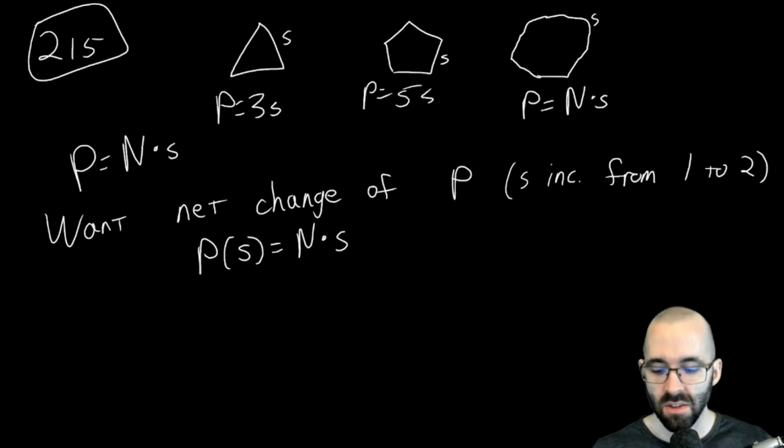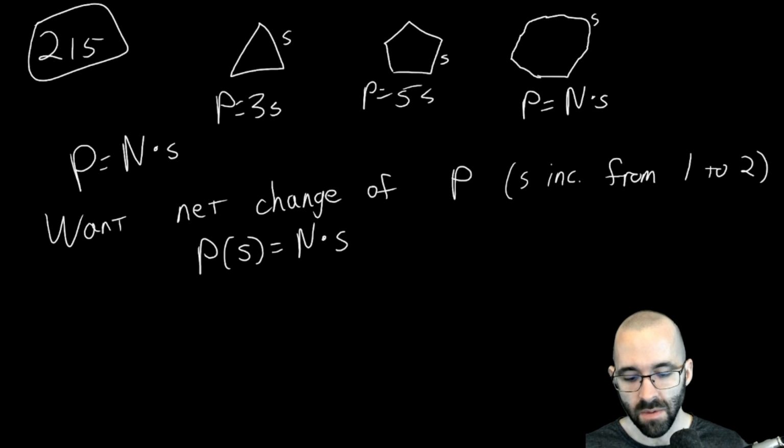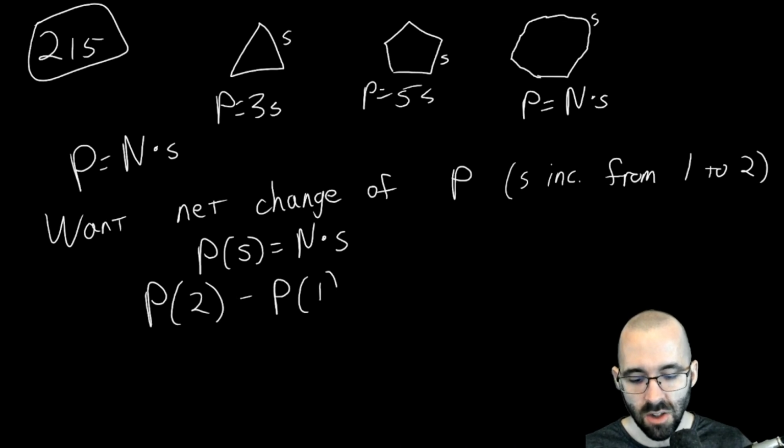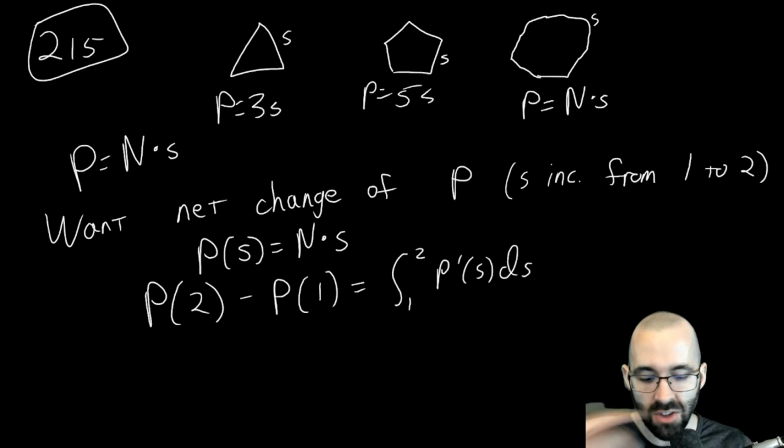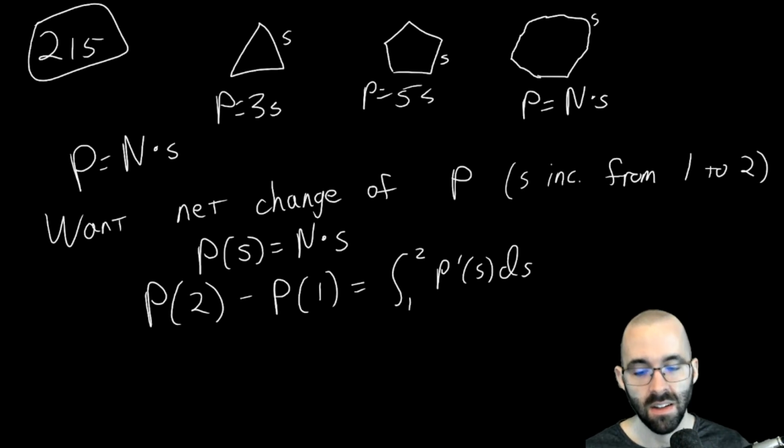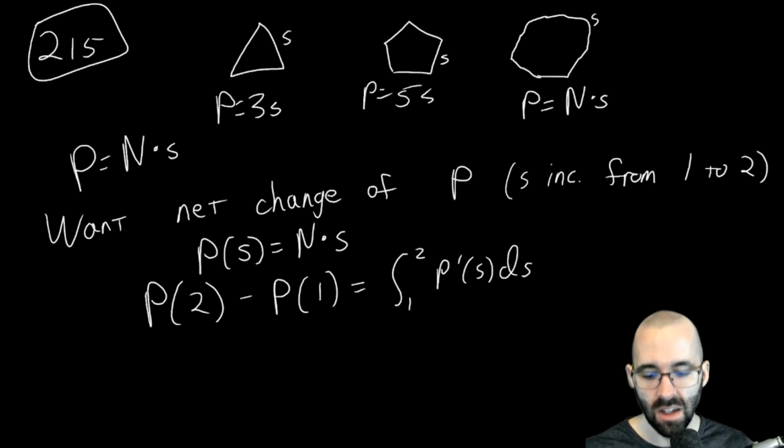Well, the net change of this function, by the net change theorem, the net change between when the side is 2 and the side is 1 is the integral from 1 to 2 of P prime of s. That's exactly what the net change theorem says. Okay.